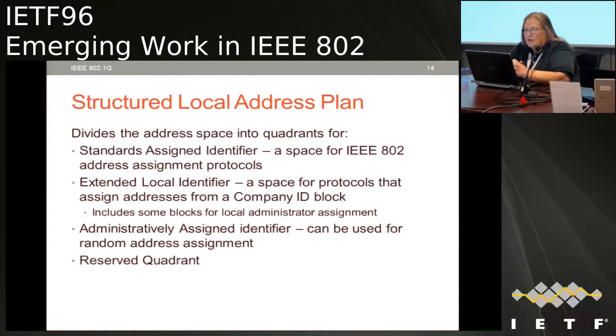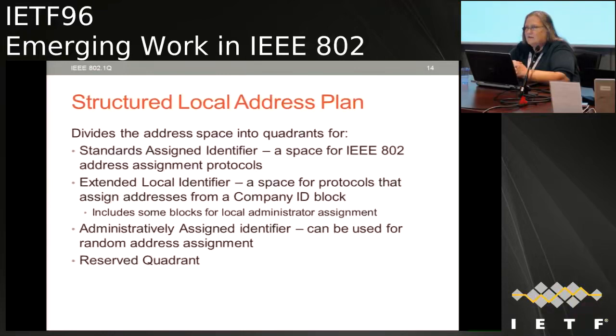And then there's an extended local identifier, which is a space for protocols that assign addresses out of a company ID block. A company ID block is something that any entity can get a block from the IEEE for their use.